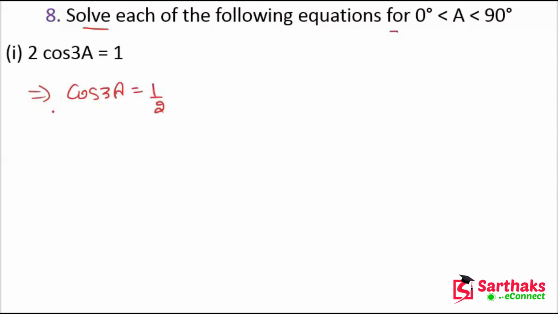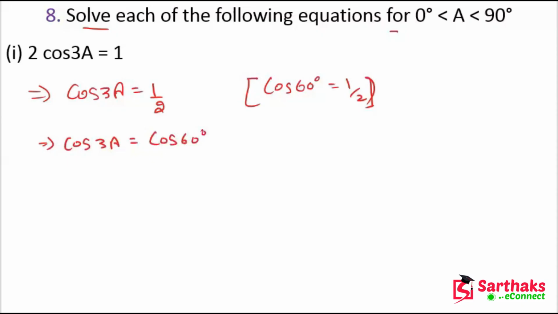We know that cos 60 degree is equal to 1 upon 2, so cos 3A is equal to cos 60 degree.